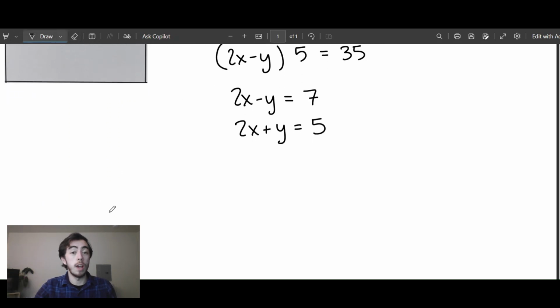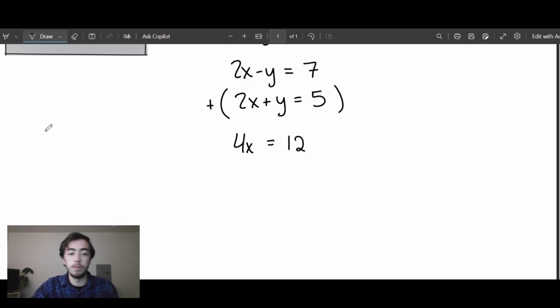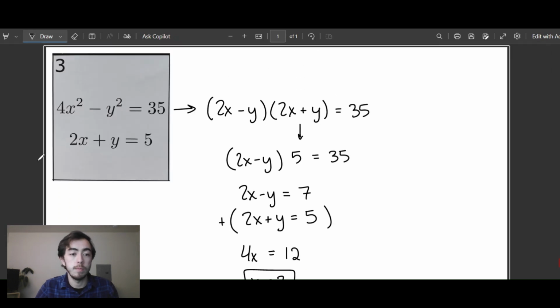This is a strategy called elimination, where by adding one equation to the other, we're going to eliminate or get rid of one of the two variables. So 2x plus 2x is 4x. Negative y plus positive y is 0. It's eliminated. And we're left with 7 plus 5 on the right side. Now, 4 times what is 12? Clearly, that missing number is just a 3. So we're done. That's today's date.